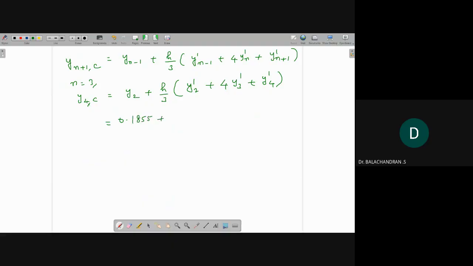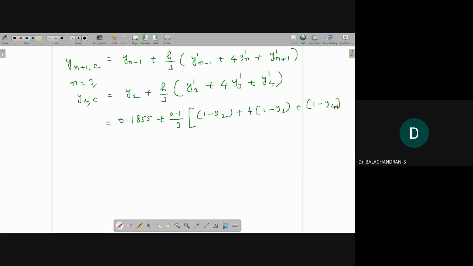H value is 0.1 divided by 3. y2 dash is 1 minus y2, y3 dash is 1 minus y3, y4 dash is 1 minus y4.